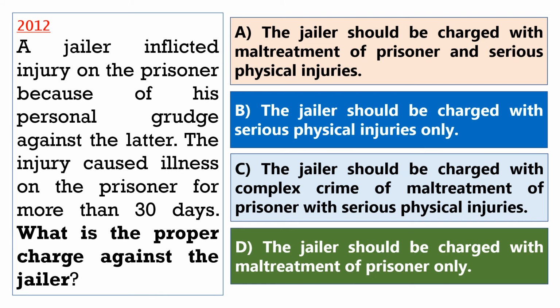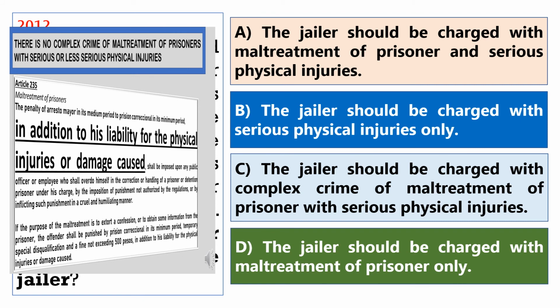So what is the answer? Answer is letter A. Bakit letter A? Again, what did we say? There is no complex crime of maltreatment of prisoners with serious or less serious physical injuries. Bakit?